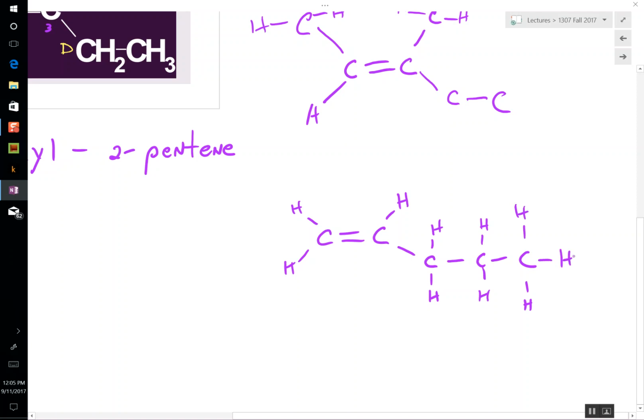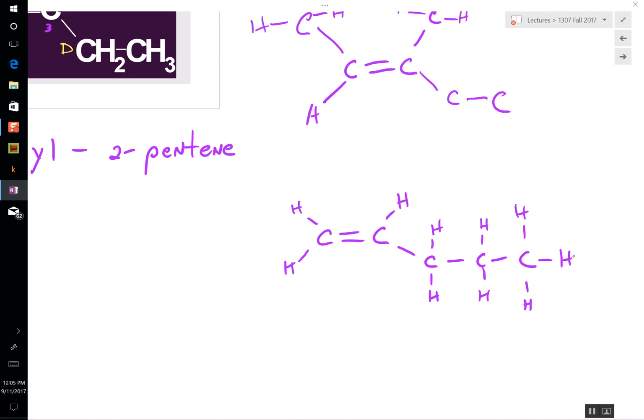Let's do the 3 questions. Does this carbon have 2 different things on it? No. You're done. You don't have to ask any more questions. Because the very first criterion for cis and trans is that both of these have to have 2 different things on them. So if you have a 1-pentene, which has 2 hydrogens right here, it's not cis or trans.